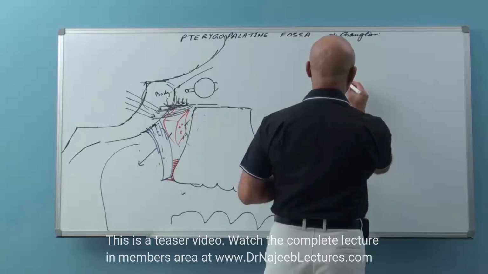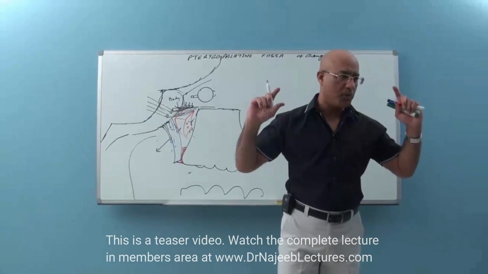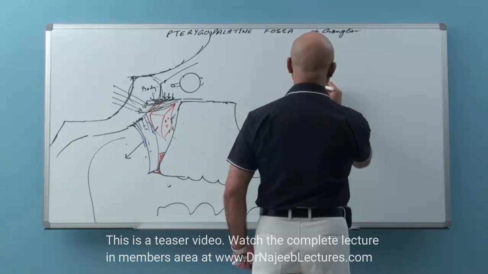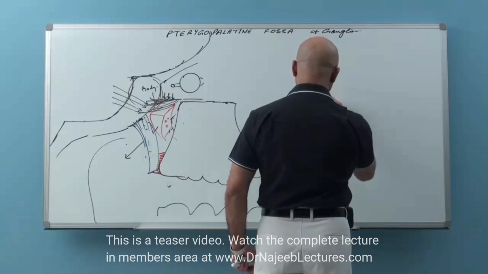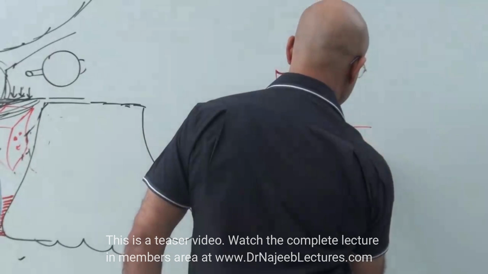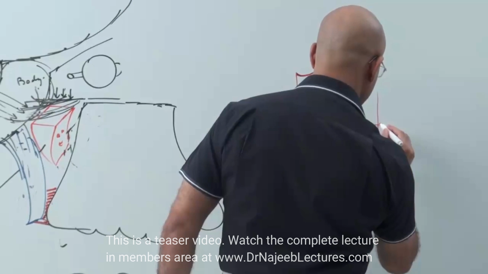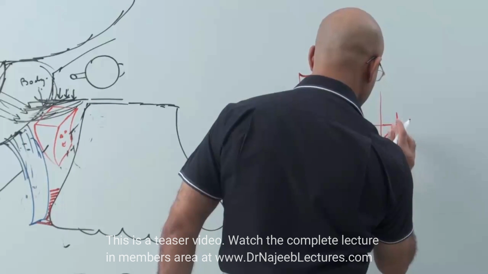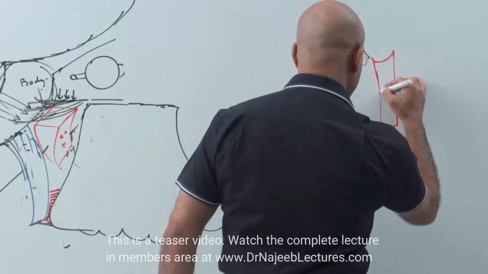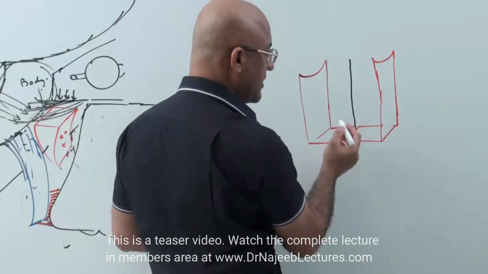I will make the lateral wall of the nose, and in the lateral wall of the nose, a bone called the palatine bone, right, is very important. Now let me make the palatine bone of the right side, and this is the perpendicular plate of the palatine bone on the right side, and this is the nasal septum, right?